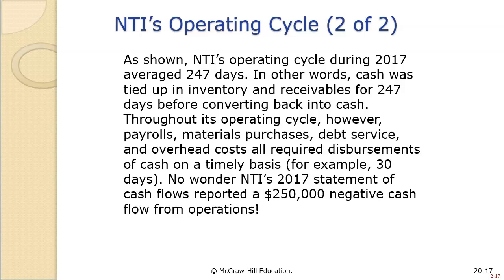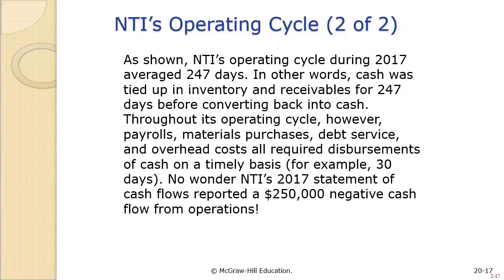And according to this cash flow statement, they reported $250,000 negative cash flow from operations. So that might be a case where you might not have picked up on that cash flow constraint if you're just looking at an income statement.